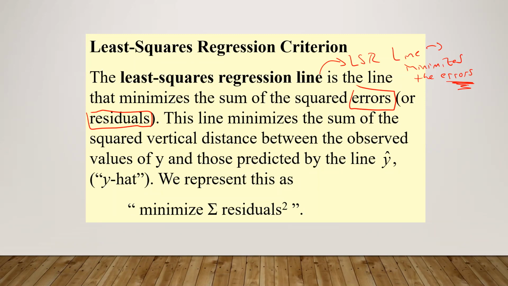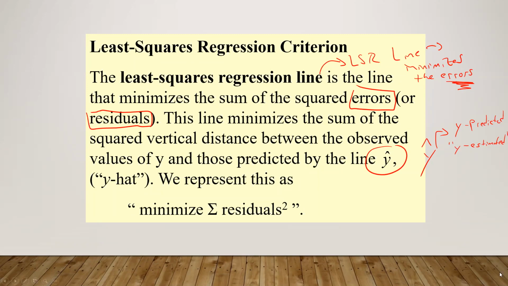So the line minimizes the sum of the squared vertical distance between the observed values of y and what we call those predicted by the line, which is given by this notation here. Y with a little hat on top of it. We literally call this y hat, and this is going to be y predicted, or sometimes you'll hear me call it y estimated. I'll use those interchangeably.